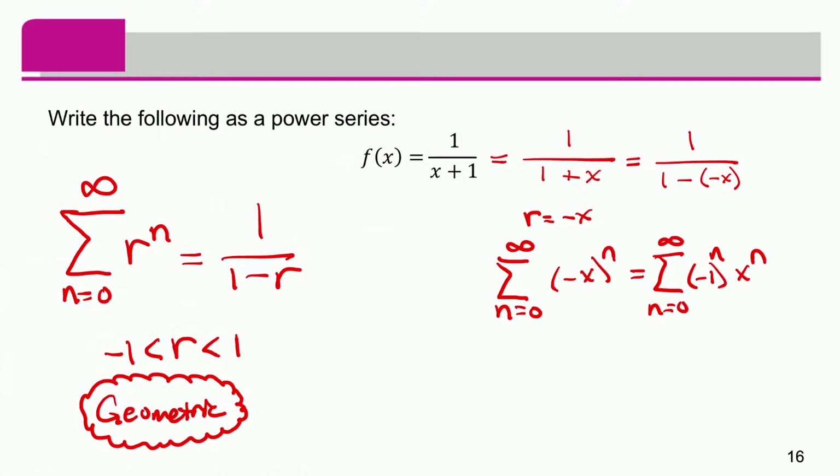So this is a geometric series. This thing will converge as long as r is between negative 1 and 1. So this is the series representation for this. Now, as far as the interval, check it out. This is actually so much better than what we did today for today's homework.